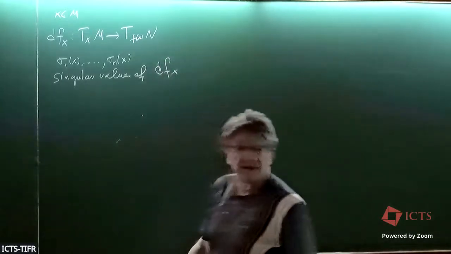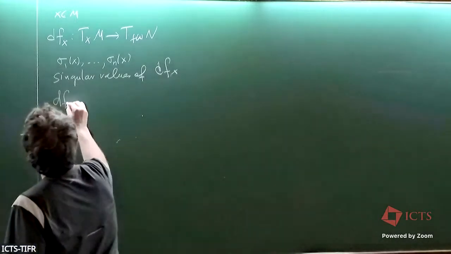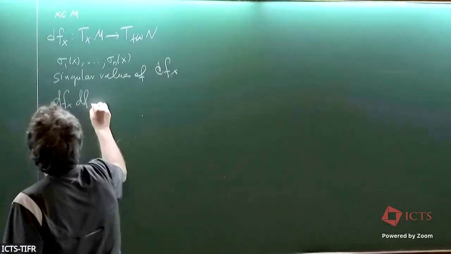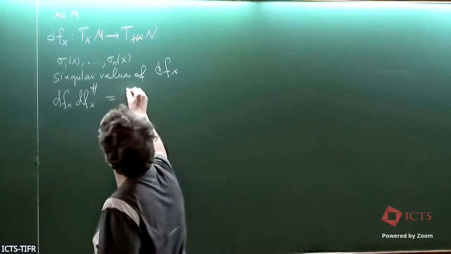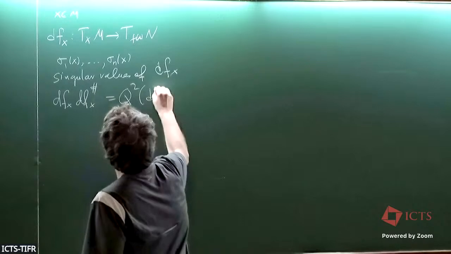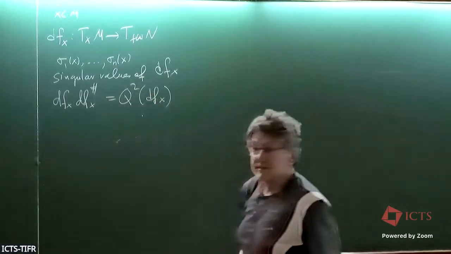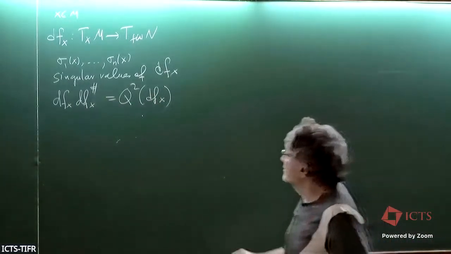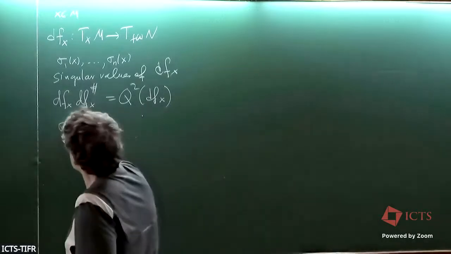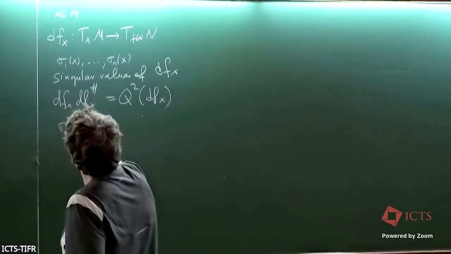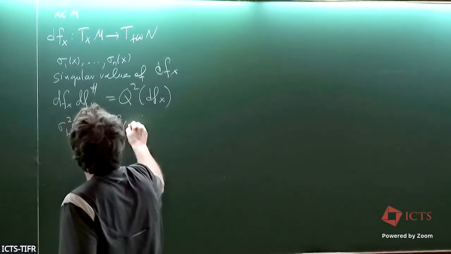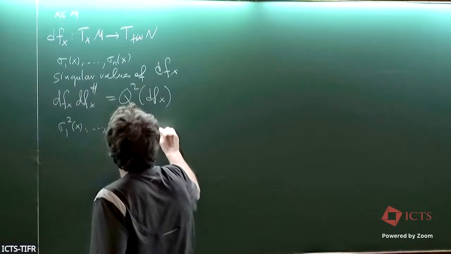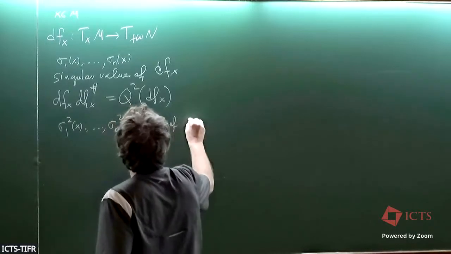What this means is that you look at df_x transpose df_x, which we can call Q squared, and sigma 1 squared through sigma n squared are the eigenvalues of Q squared.